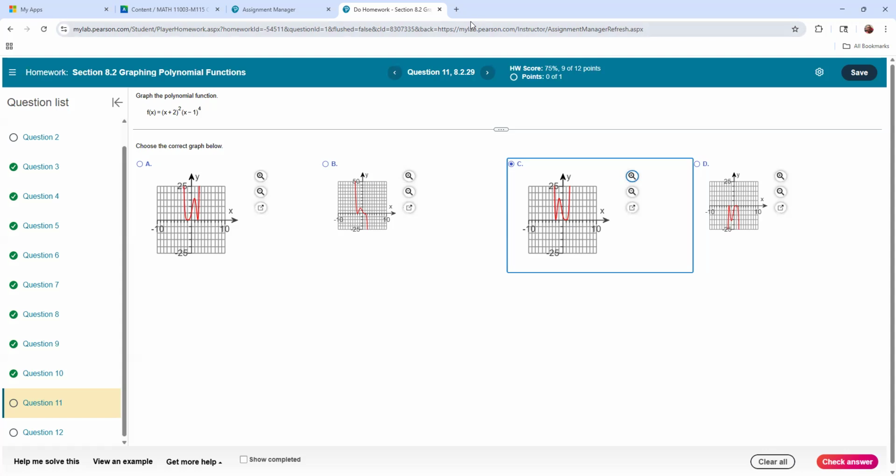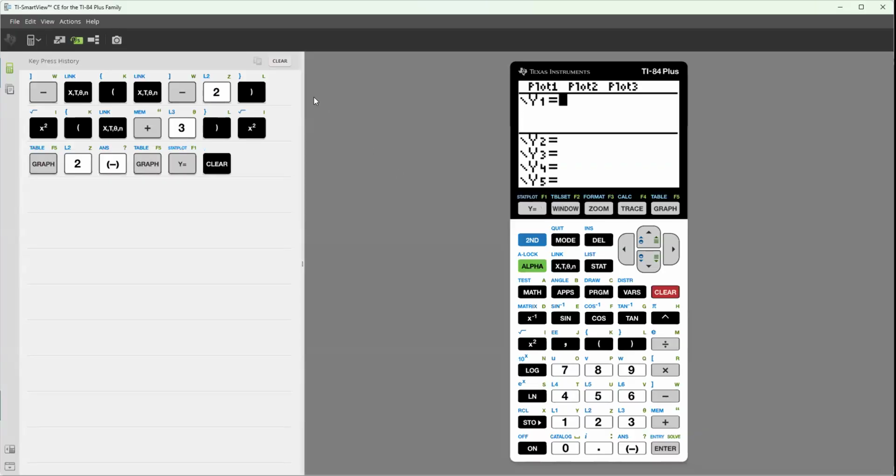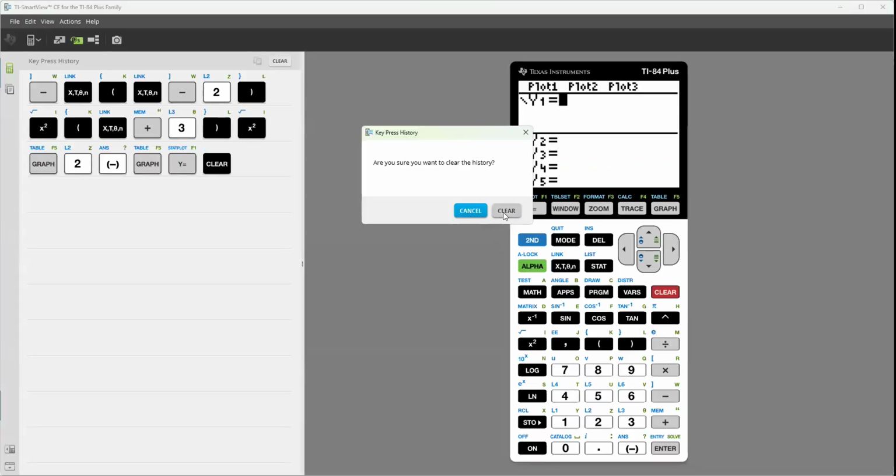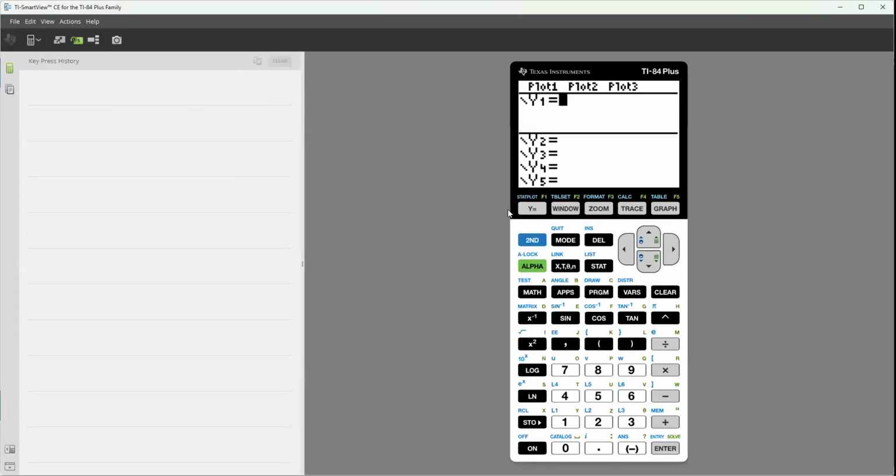All right, so I'm going to go to y equals, clear this off. I had x plus 2 squared, and then x minus 1 to the fourth.